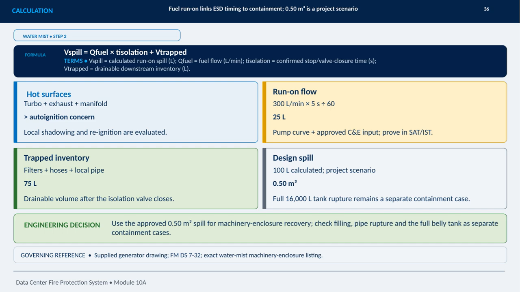Hot turbocharger, exhaust, and manifold surfaces create an auto-ignition concern, while local shadowing and possible reignition require evaluation. Finally, this scenario is separate from containment for a full 16,000-liter belly tank rupture, which must be checked independently using the supplied generator information, FMDS 7-32, and the exact water mist listing.